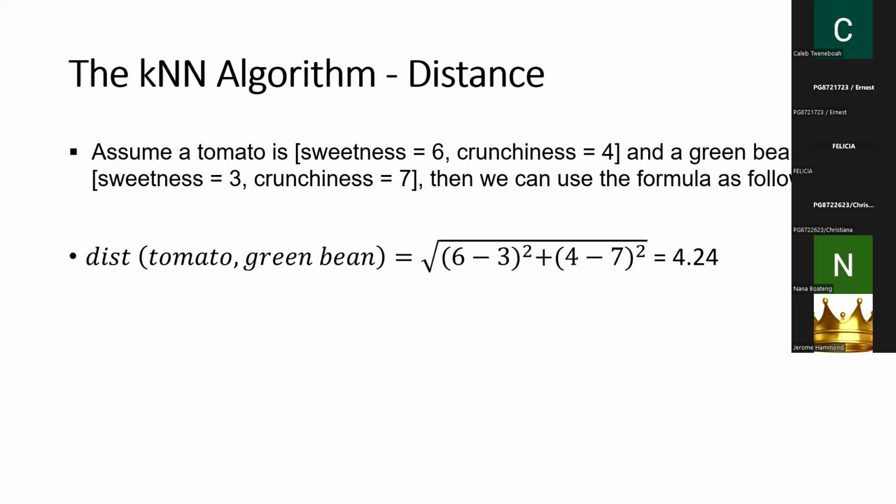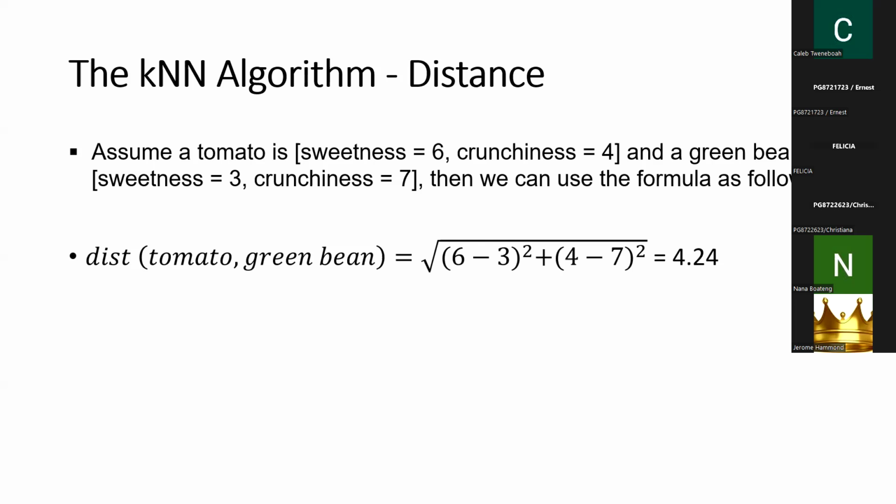If we want to find the distance between green bean and tomatoes, we take the sweetness of tomato and deduct the sweetness of green bean from it. We square the difference, plus the crunchiness of tomatoes minus the crunchiness of green beans, and then we square that too. We add them up and then we find the square root.